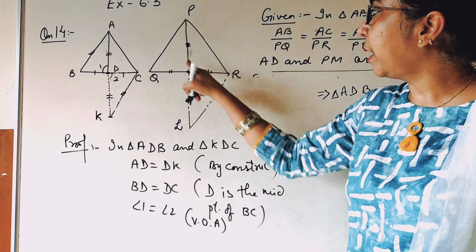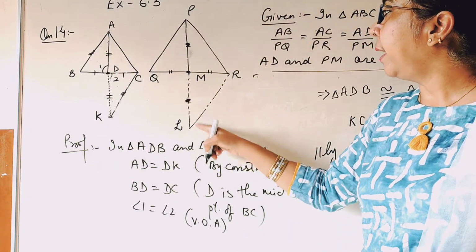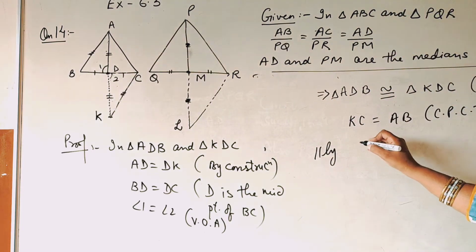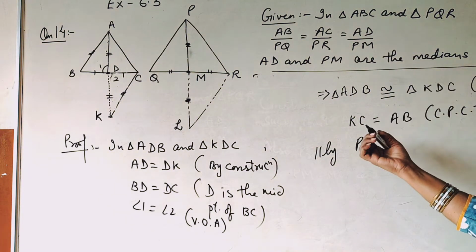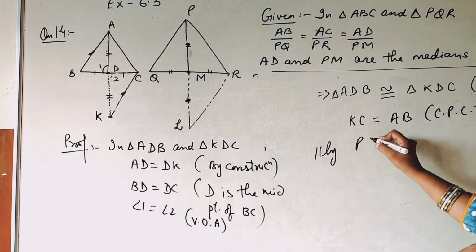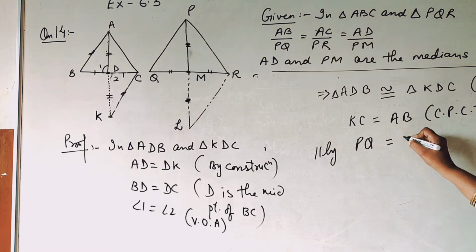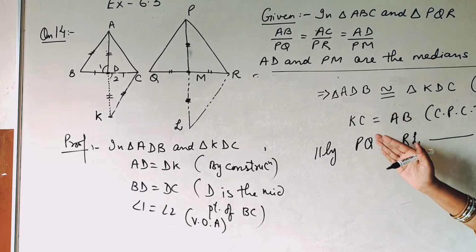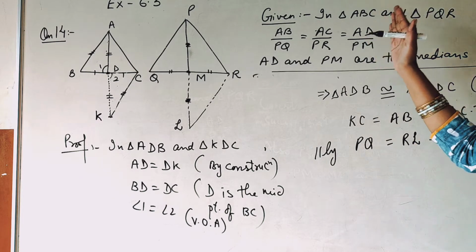After making the two triangles congruent, PLQ and LMR, we have the result PQ equals LR. We can write it similarly because the whole process is the same. So PQ is equal to RL. This is number 2.